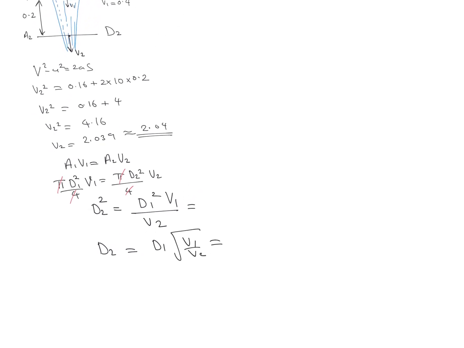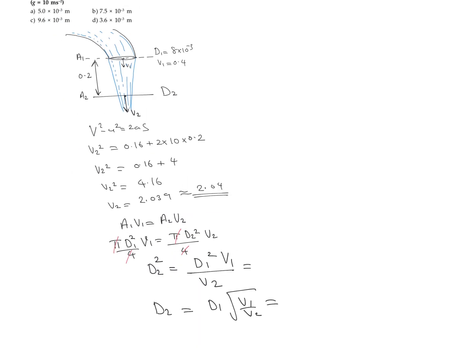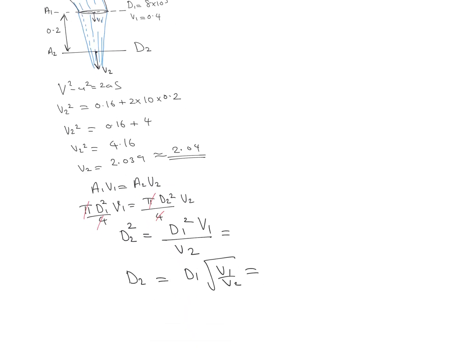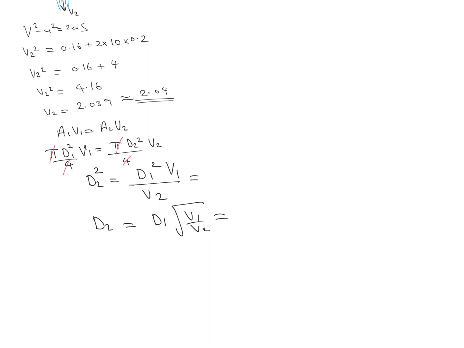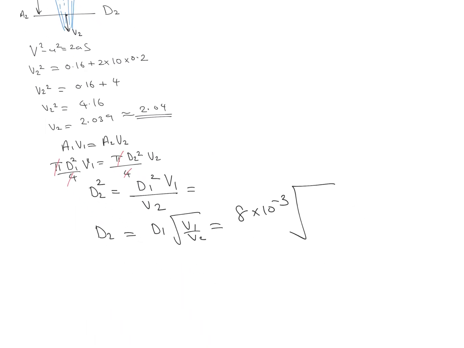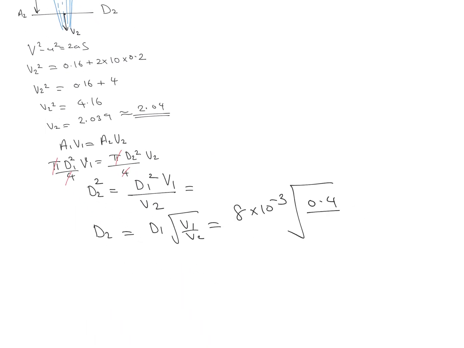The value of d1 is given in the question as 8 into 10 raised to minus 3. So this is 8 into 10 raised to minus 3 into under root of v1, which is given as 0.4, divided by v2, which we already calculated as 2.04.